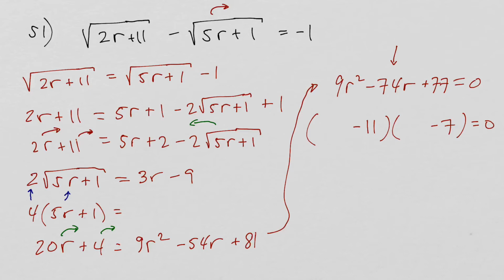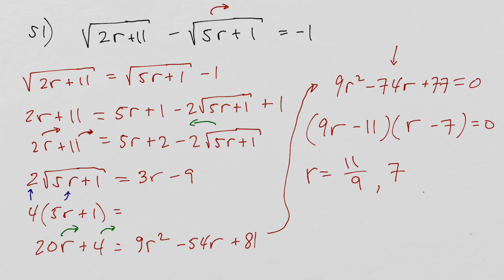It's got to be a 9 and a 1. I've got to just figure out where to put the 9. So if I put the 9 here, that gives me a 63 on the outside. And a 1 here gives me an 11 on the inside. And that adds up to 74. So this tells me that r is equal to a positive 11 over 9 and a positive 7.